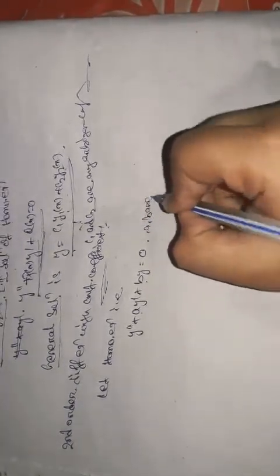This is our homogeneous equation. Here a and b are constants. Then this is the differential equation.